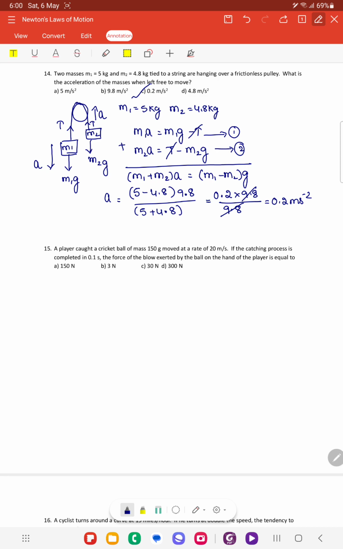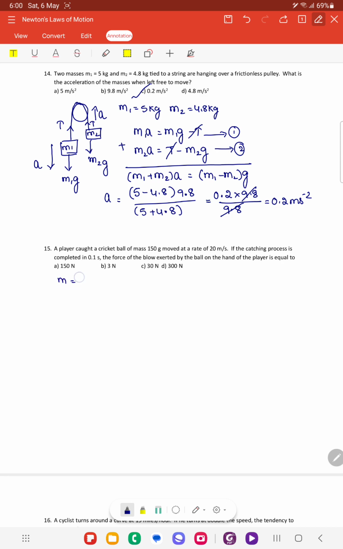Question number 15. A player caught a cricket ball of mass 150 gram moving at a speed of 20 meter per second. If the catching process is to be completed in 0.1 second, the force of the blow exerted by the ball on the hand of the player is equal to.